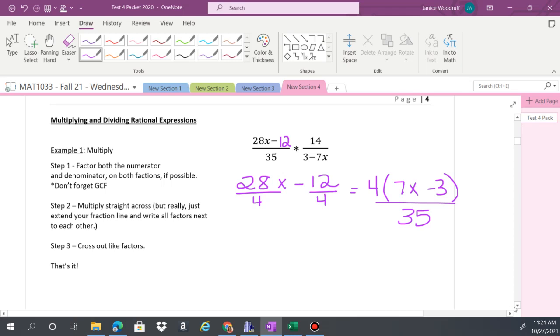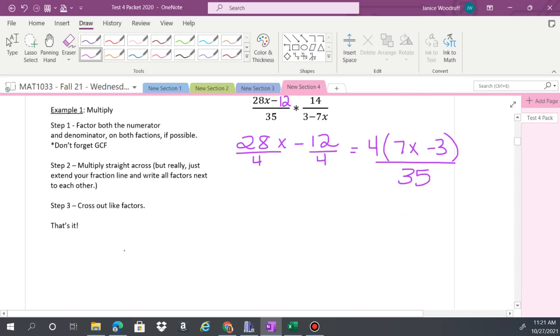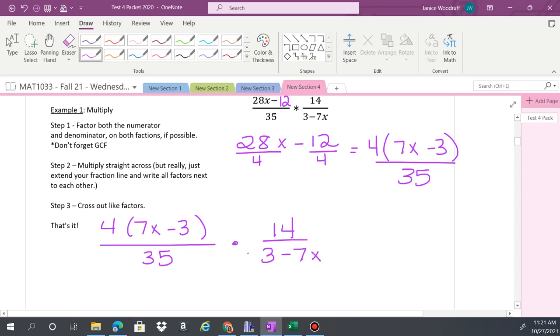All right, so let me just bring this down here. All right, so here's our problem. Okay, so can I do anything with this 3 minus 7x? Not yet, but what if I did what I did in the previous page, where I pulled a -1 out of there?